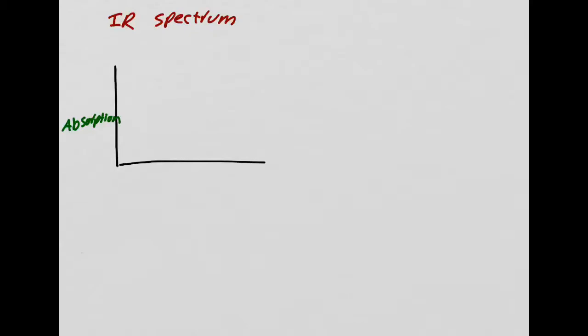And here, we're going to have wave number. You know what that is? 1/centimeter. Now, an IR spectrum is a little bit interesting, because the numbers are going to increase as you go right to left.